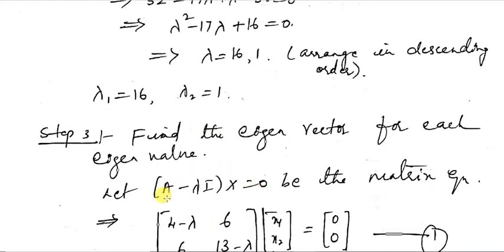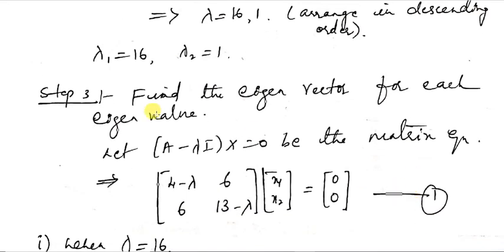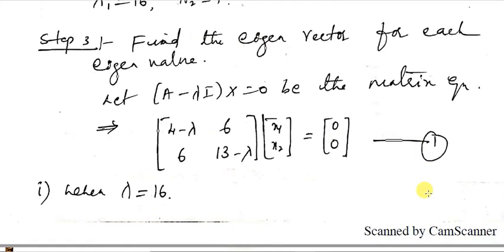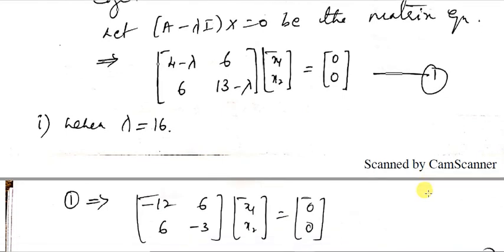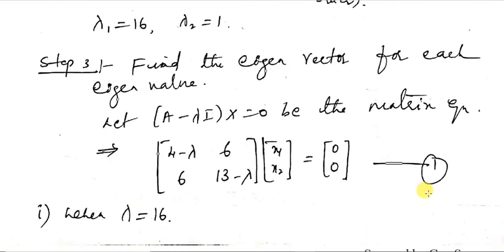Substituting, I'll get the coefficient matrix as 4 minus lambda 6, 6 13 minus lambda times x1 x2 is equal to 0. Call this matrix equation 1. Let us find the eigenvectors corresponding to lambda 1 is equal to 16 and lambda 2 is equal to 1.